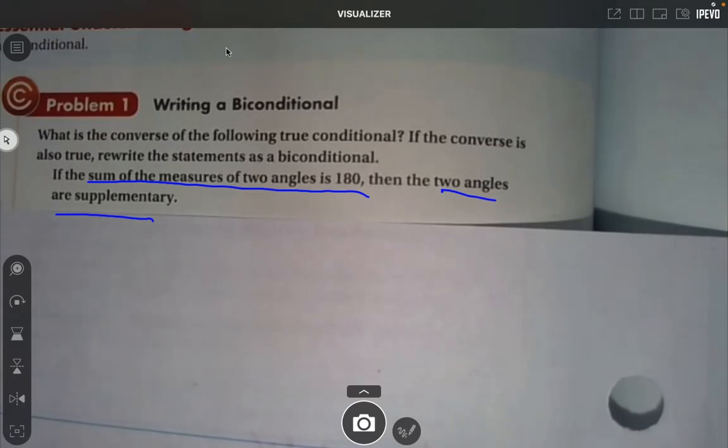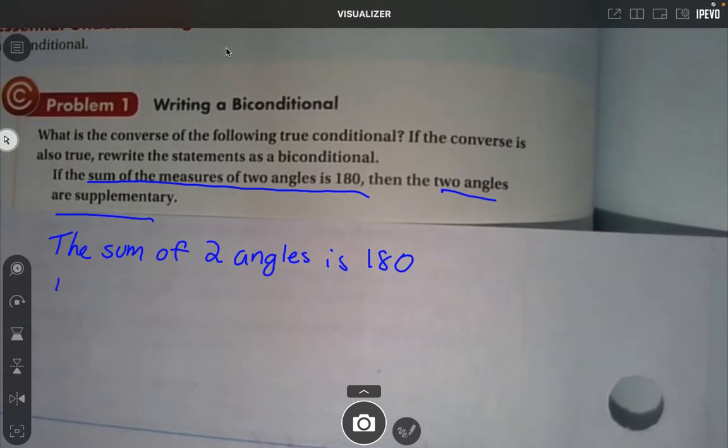A biconditional would say the sum of two angles is 180. See how I'm dropping the if and then? I'm changing it. The sum of two angles is 180, and this is how I write if and only if.